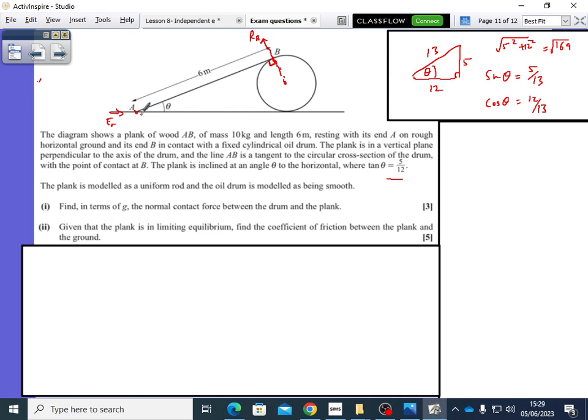So now if we take the moment about A, then what do we know? That the plank is uniform. Okay, it's uniform, so that means the center of mass will go halfway down, so that will be mg, which is 10g. This length here will be 3 meters because it's uniform, so it's in the middle.